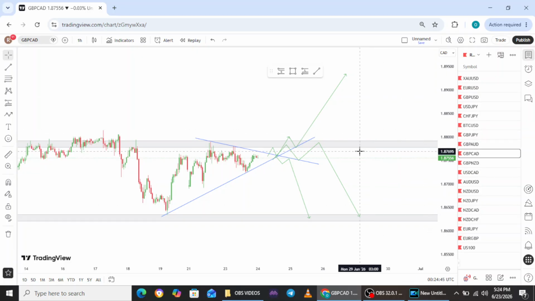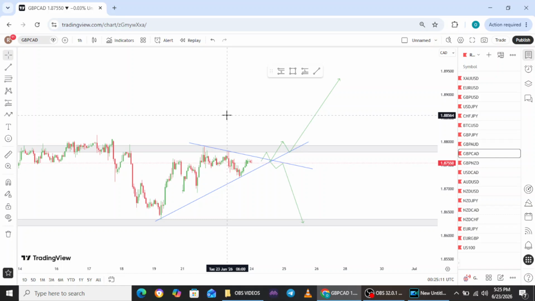Like once the market breaks from this structure, the next thing that comes to the mind of a trader is to buy. But most of the time, when the market moves in that way, it creates liquidity in the market, and the market takes off. So watch out for what the market may do.